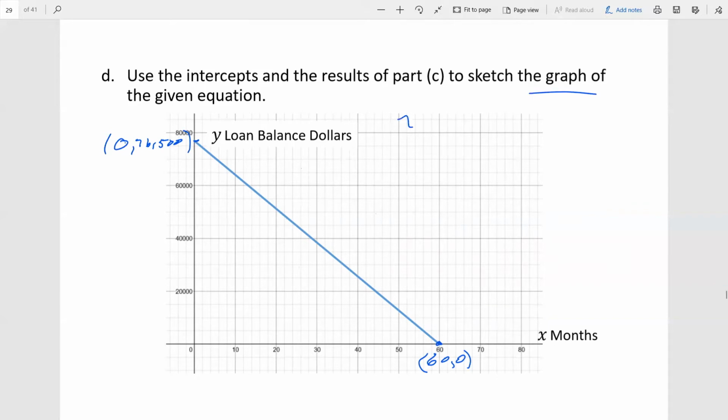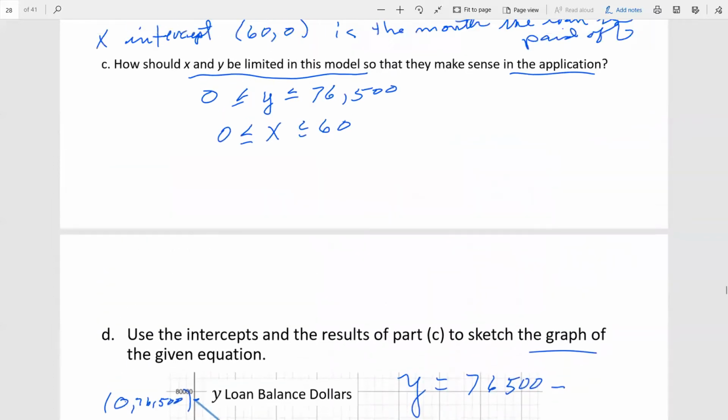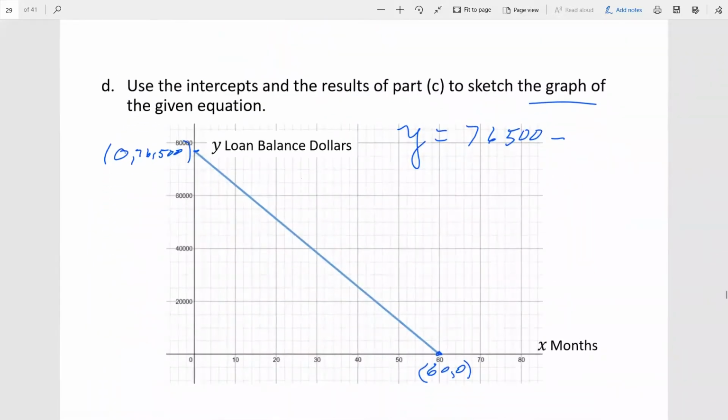And remember, the equation was y equals 76,500 minus 1275x. And so this represents the loan balance y in dollars versus the month that you've been paying. So you start out at 0, you have the full amount of the loan owed. After 60 months, you get down to 0 that you owe the bank.